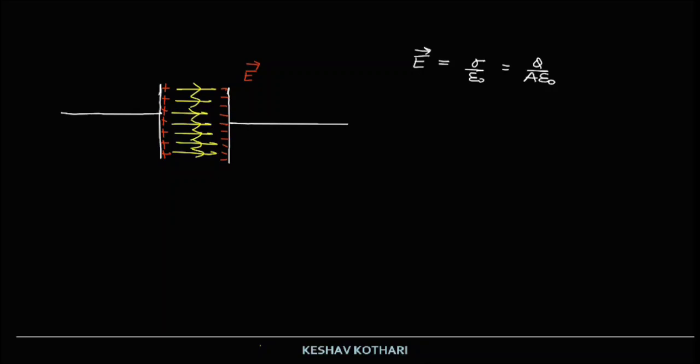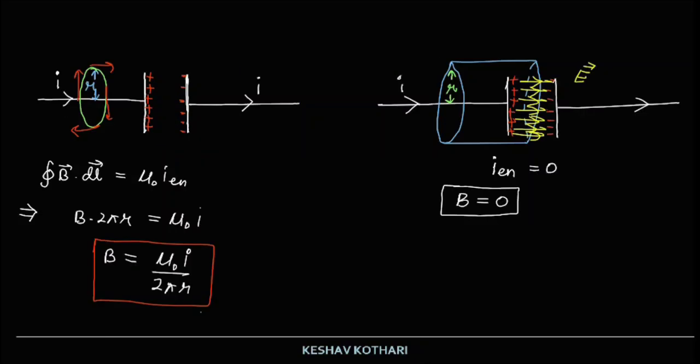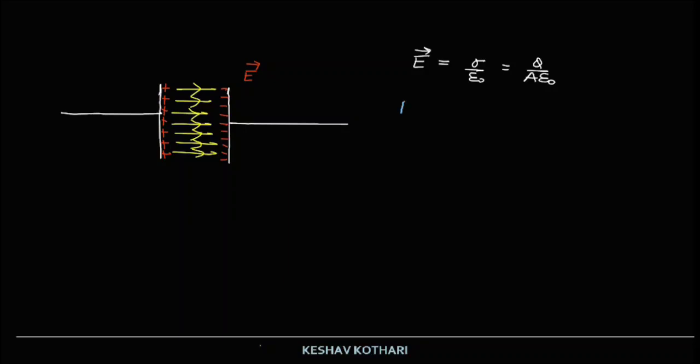If we calculate the flux of this field through the area which we selected over here, the electric flux phi E can be written as E into A, and we attain a value equal to Q by epsilon naught.